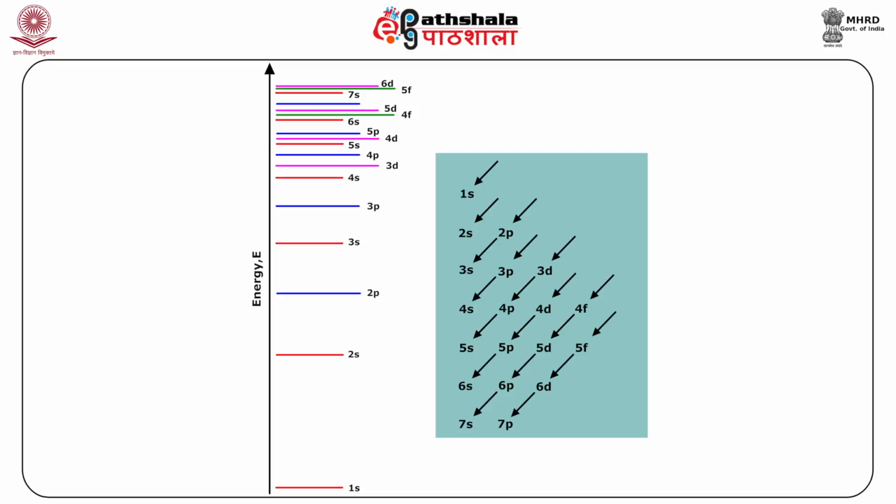Figure 1 shows the increasing energy level followed in a shell. For example, if we have to fill the electrons in shells, first of all, 1s orbital will be filled, next will be 2s, and then 2p, 3s, 3p, and so on.